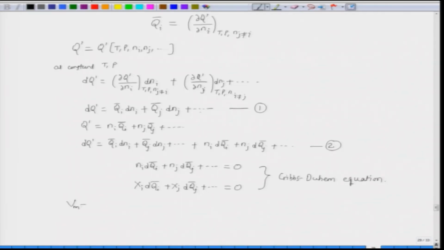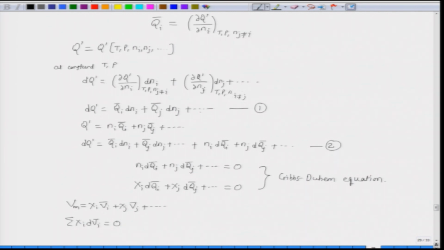So, in terms of mole fractions, we can write molar volume as xi Vi bar plus xj Vj bar and so on, where Vi bar, Vj bar are the partial molar volumes. Right. And we can write the Gibbs-Duhem equation as summation xi dVi bar equal to 0.